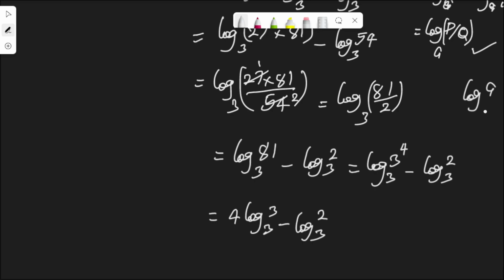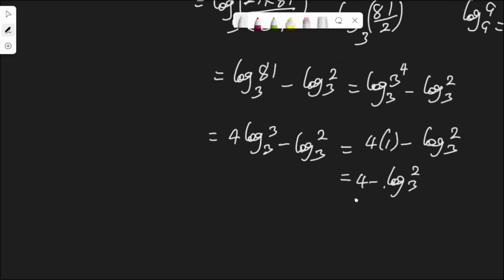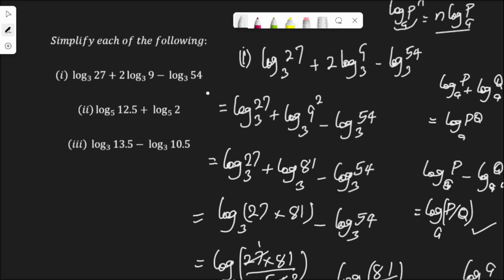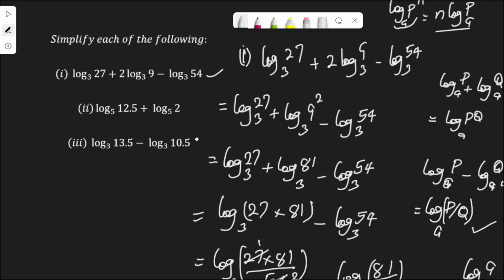Log a to base a, for example, is 1. That means log 3 to base 3 here is 1. 4 multiplied by 1 minus log 2 to base 3, which is 4 minus log 2 to base 3. That is the simplified version of that first question.